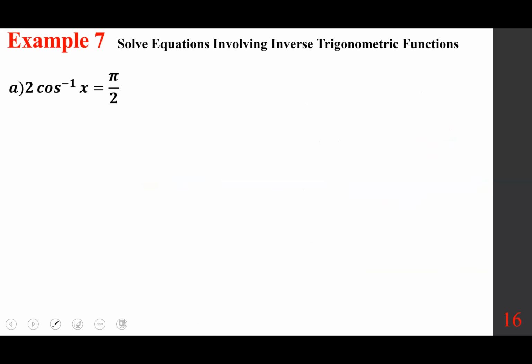We want to solve some equations involving inverse trig functions, starting with 2 cosine inverse of x is pi over 2. We're going to divide both sides by 2.